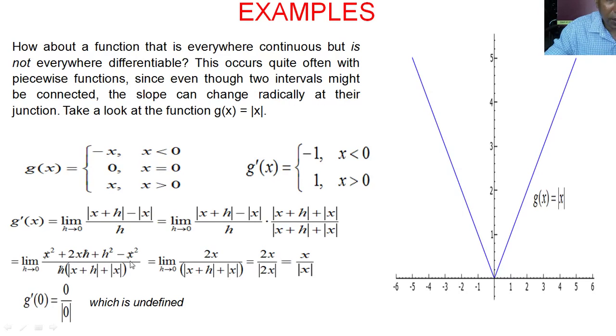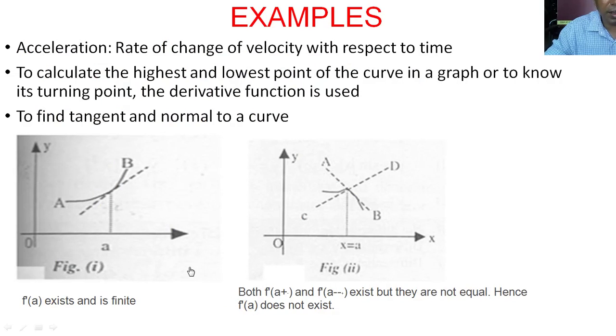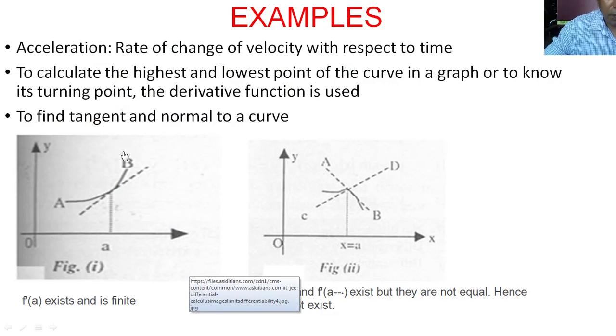On simplification that becomes limit h tends to 0, 2x by mod of x plus h plus mod x, and putting h as 0, that becomes 2x by modulus of 2x, which in turn becomes x by mod x. Now if we put x as 0, g dash 0 becomes 0 divided by modulus of 0, that means 0 by 0, which is undefined. So that means this function is not differentiable at x is equal to 0.